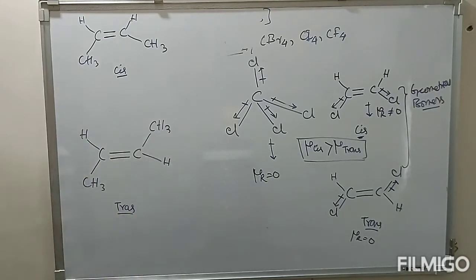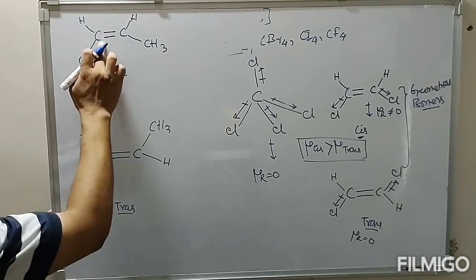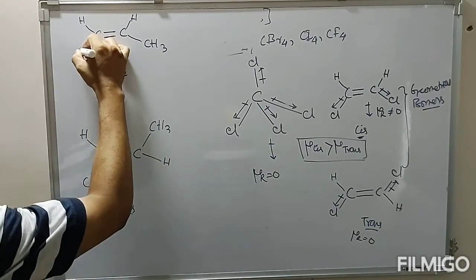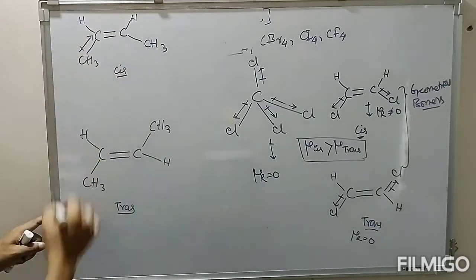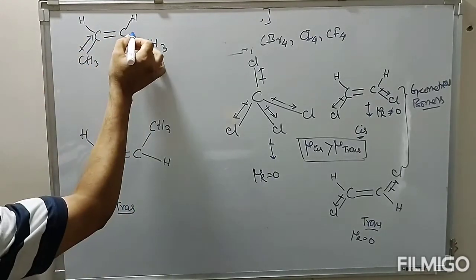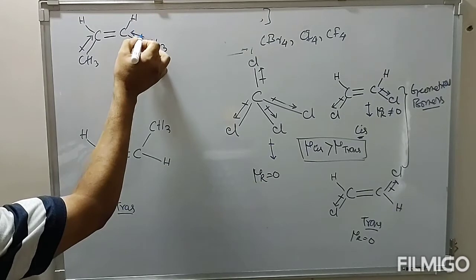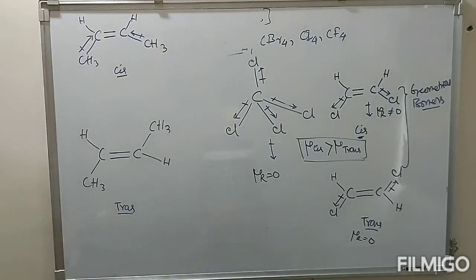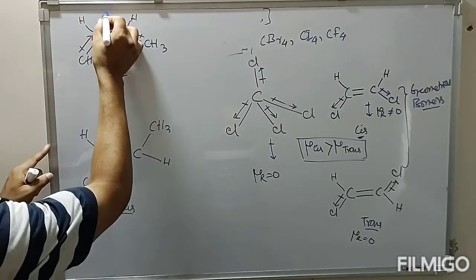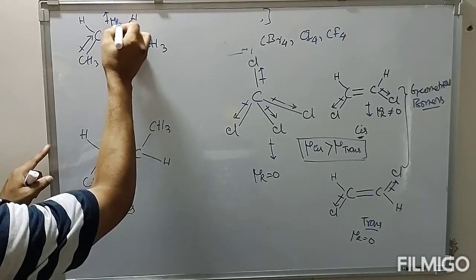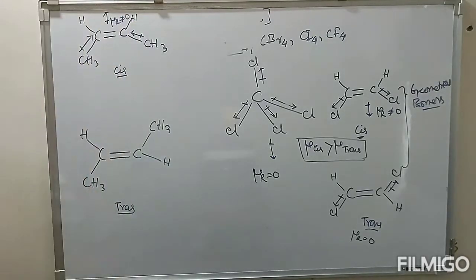Now again we have to confirm. So the doubly bonded carbon is more electron withdrawing than the single bonded carbon. This is the doubly bonded carbon, more electronegative than the singly bonded carbon. So we have 2 dipoles, so that is the resultant. So this resultant will not be 0.